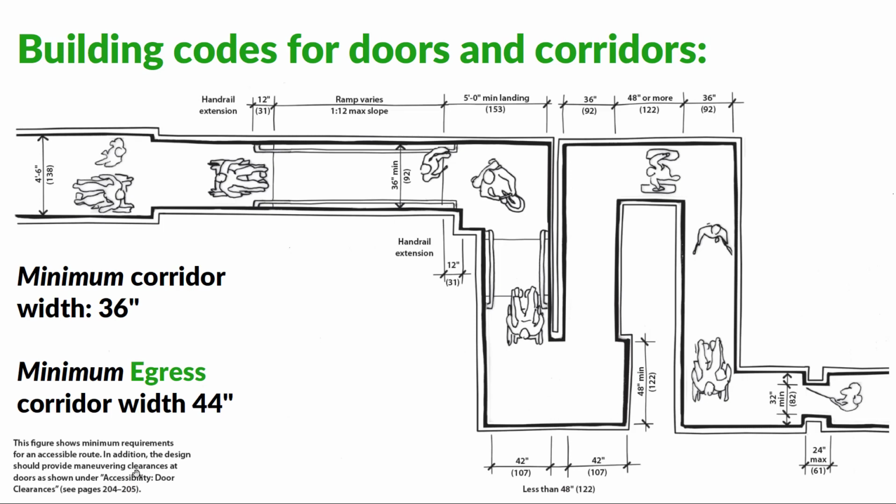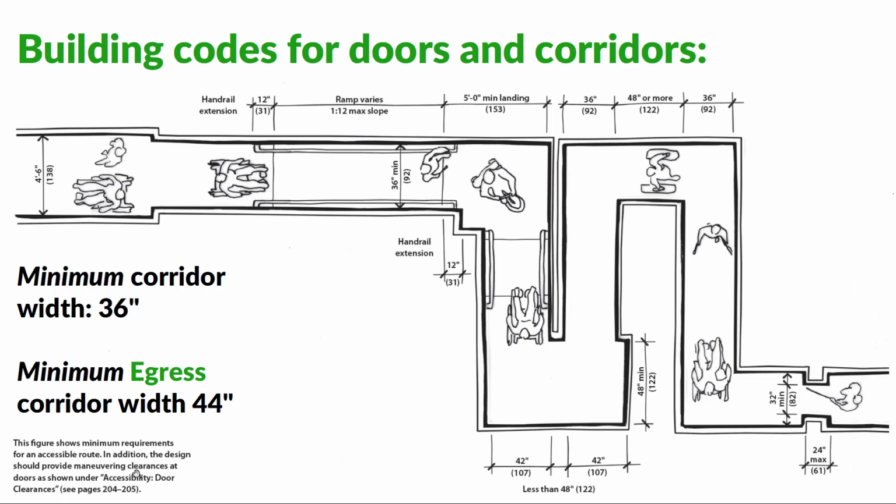As we make our way down corridors, we have all sorts of things that we need to consider. To meet ADA minimums in a public space, a minimum corridor width is 36 inches.